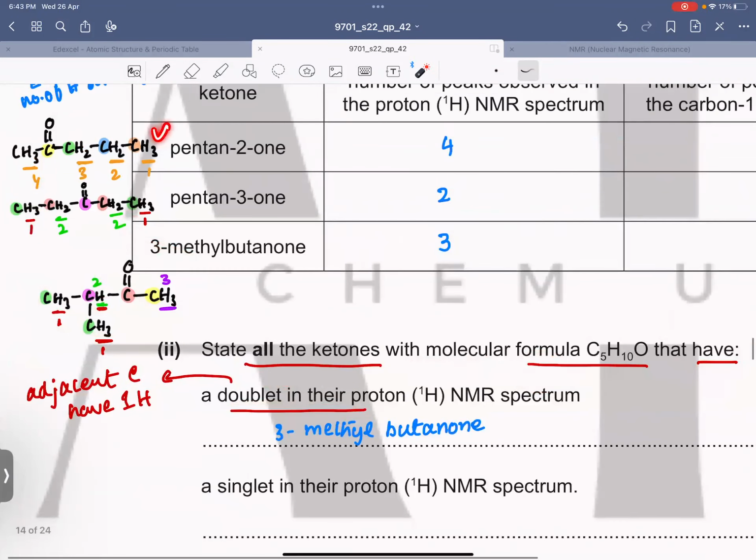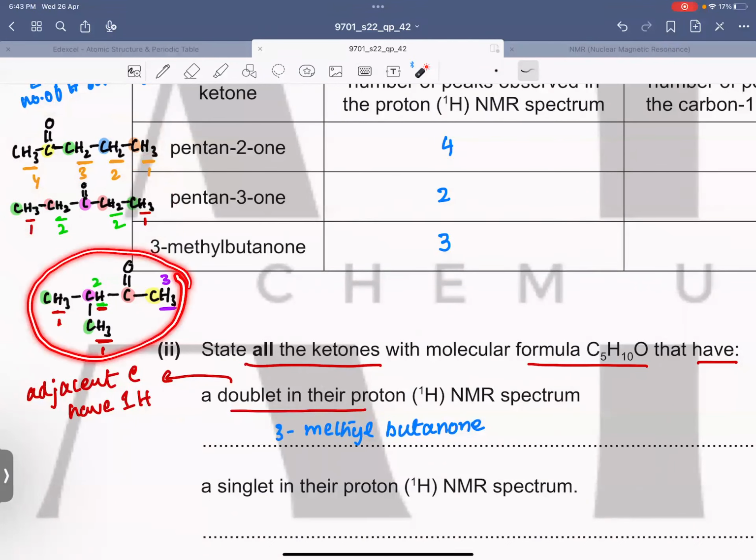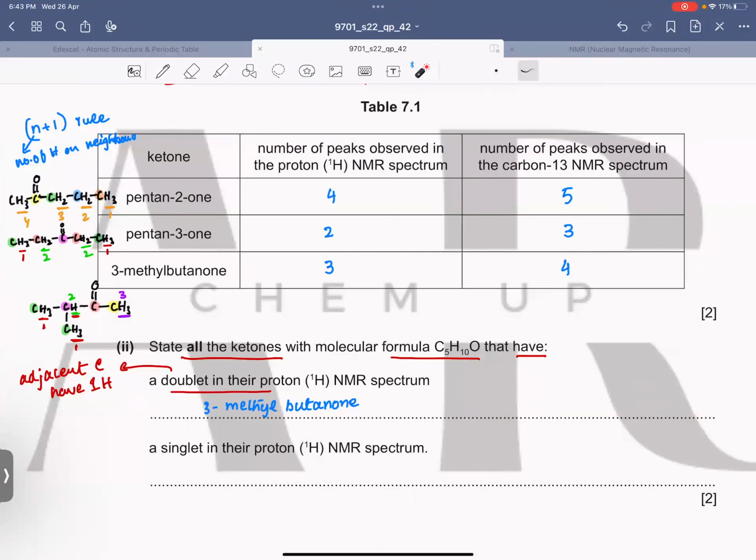But in these 2 structures, there is not a single carbon which has only 1 hydrogen. So when we observe the spectrum of these 2 compounds, I am not going to observe a signal as a doublet. But when I observe the spectrum of this compound, I am going to observe a signal as a doublet, because here we have 1 hydrogen, which is neighbor to these 2. Is it clear to everyone now? Yes, sir. If anyone else has any confusion, do ask.